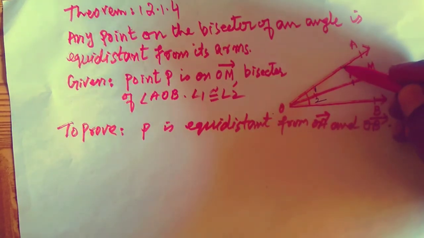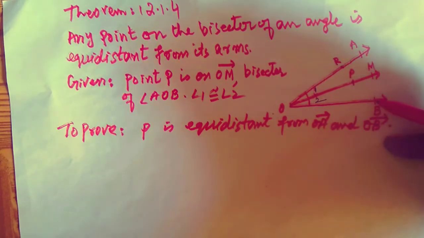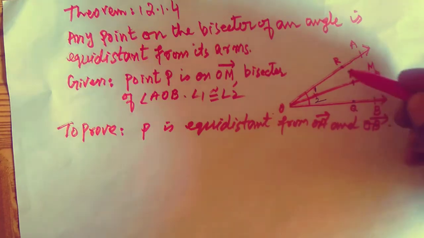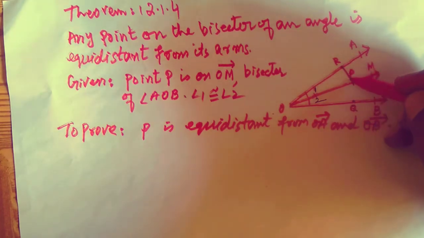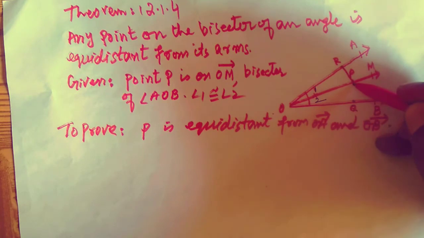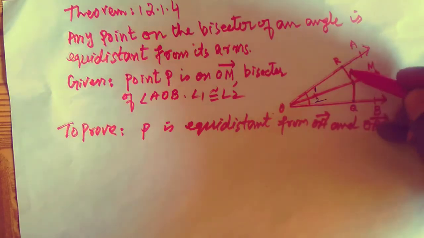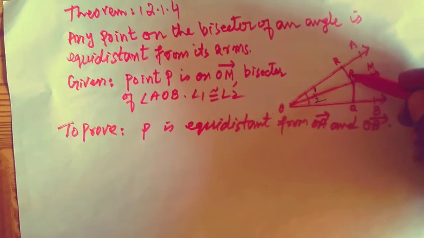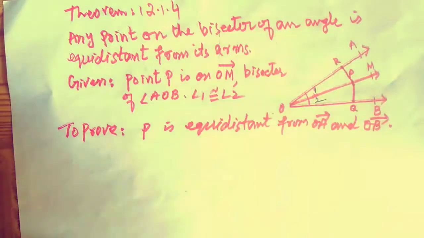If we take a point R on OA and take point Q on OB, PR is perpendicular to OA and PQ is perpendicular to OB.